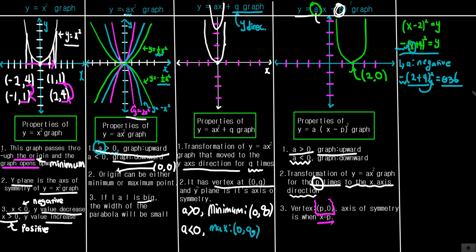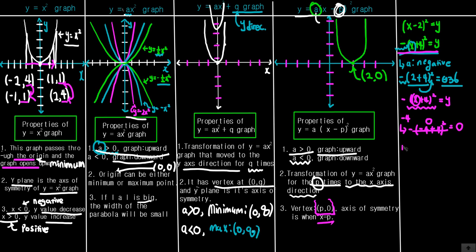x-axis. The x-axis is where the y value is equal to 0. And if you think about this term right over here, negative (x plus 4) squared, if you want to make this term 0, all you have to do is input a negative 4 for the x value. If you input negative 4, it will be negative (negative 4 plus 4) squared, and this whole thing turns into 0.